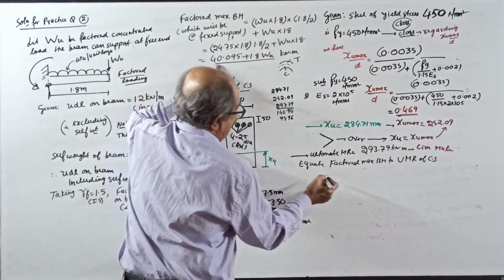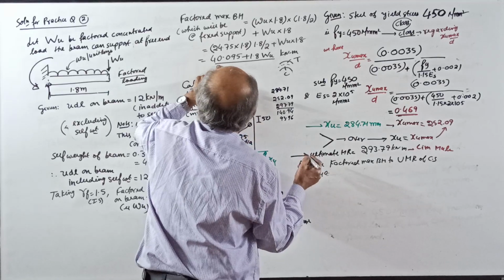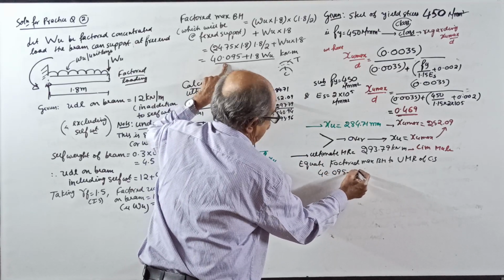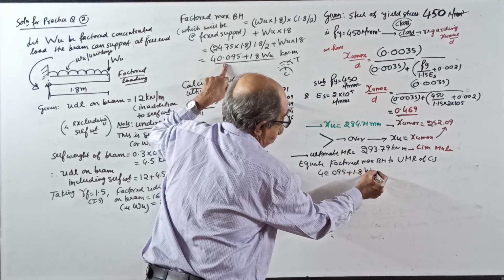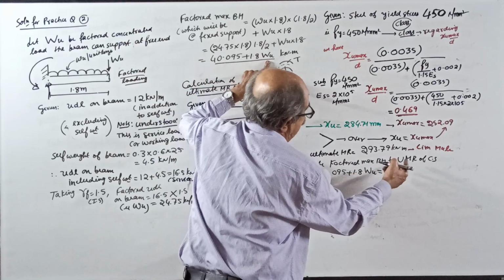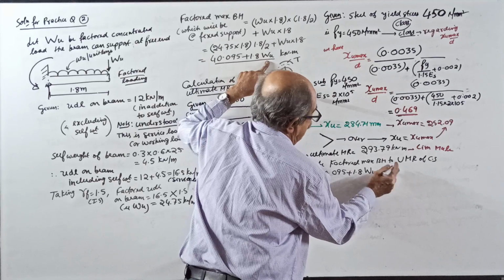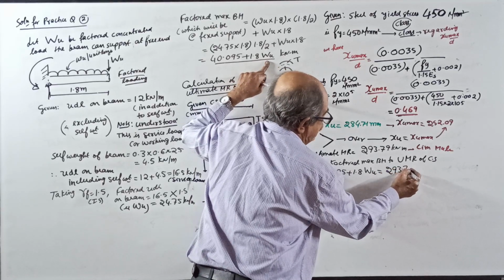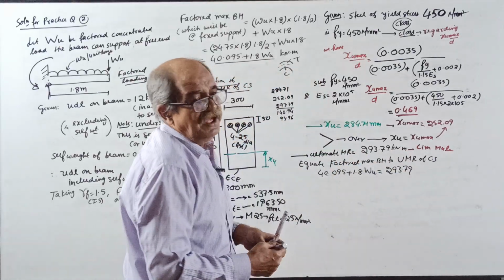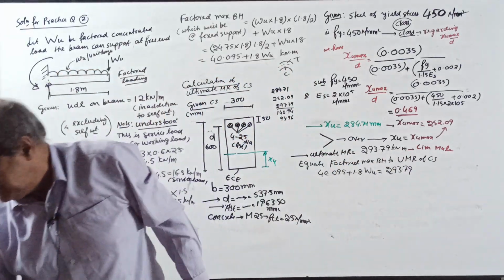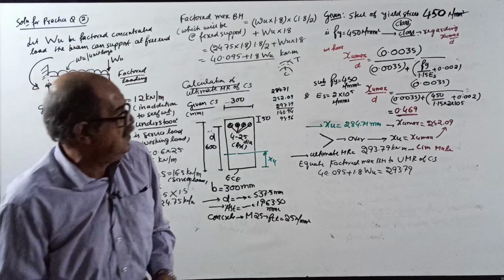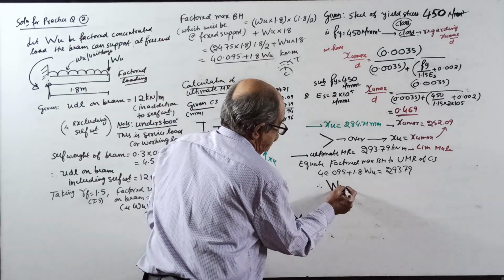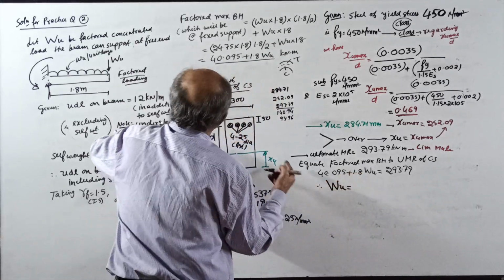It is here, see. 40.095 plus 1.8 Wu equal to MR, which is 293.79. See, when you equate, both should be in the same unit. That much common sense is required. Okay, equated. So you get Wu.